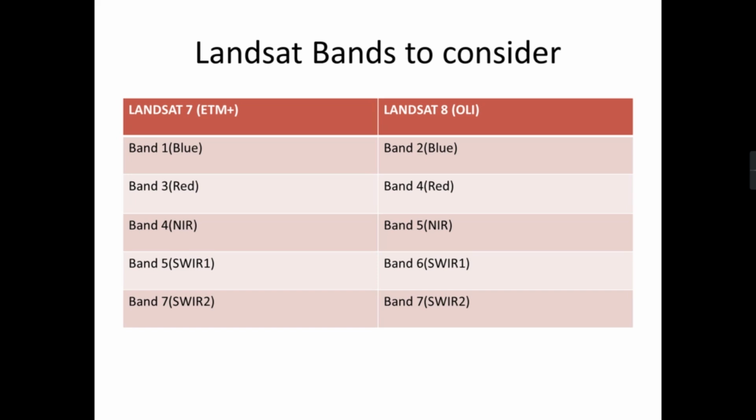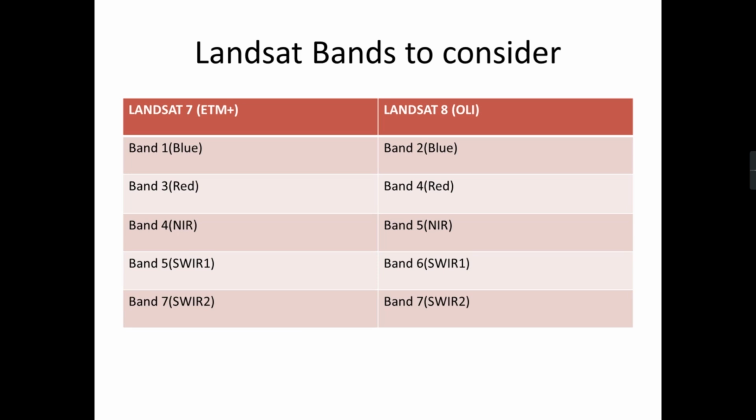It is going to be these bands which you have to consider based upon your sensor. If you're going to use the Landsat 8 data set, then you have to consider bands 2, 4, 5, 6, 7, and for Landsat 7 you have to consider bands 1, 3, 4, 5 and 7 to estimate the albedo of a surface.